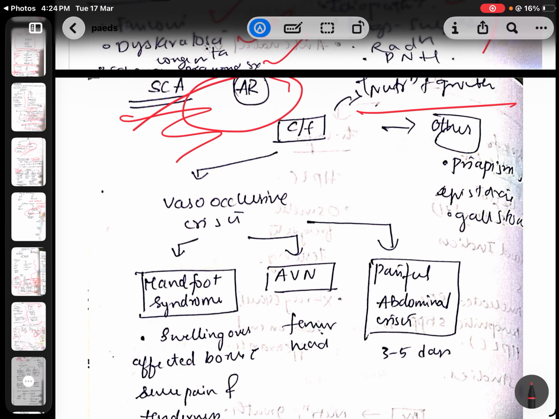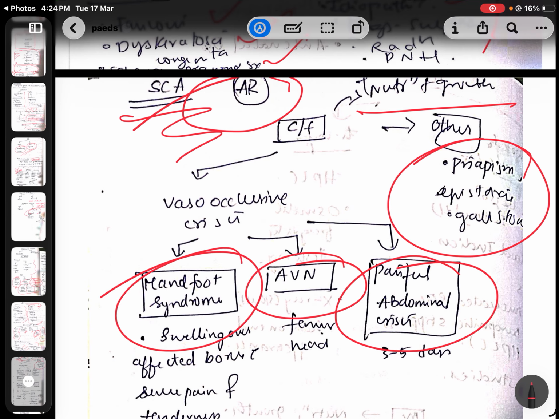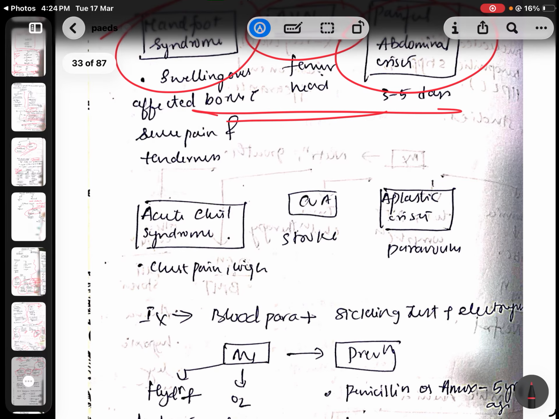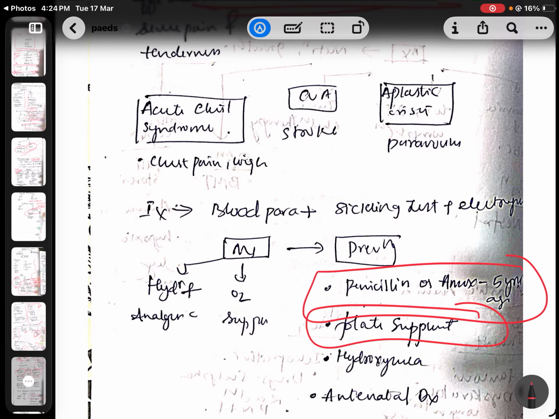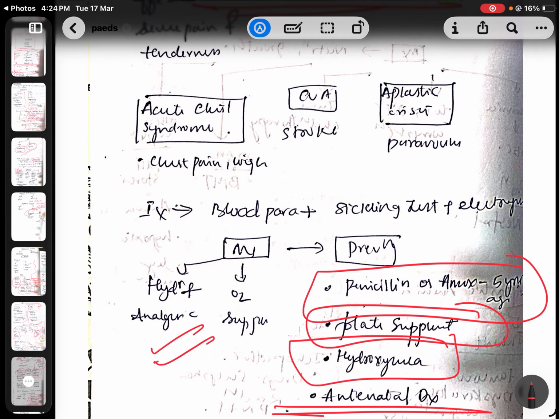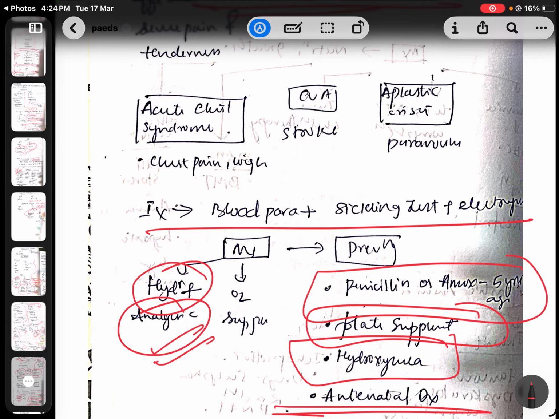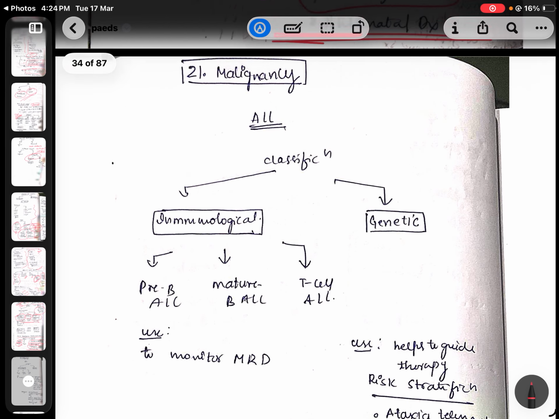So talk about clinical features and how you go about managing it, which they check whether you have written. Antenatally you can also diagnose these, and also mention hydration and analgesia. Especially hydration and analgesia are core to prevent crises. The investigations are the same blood parameters which you know.